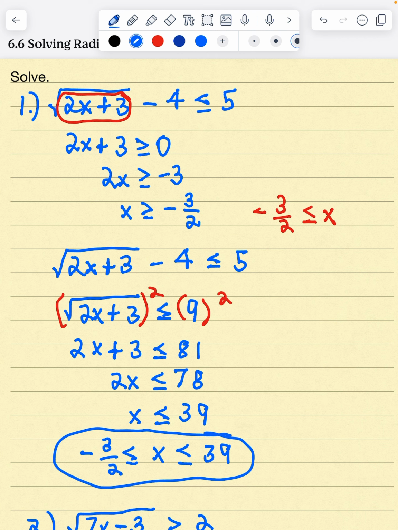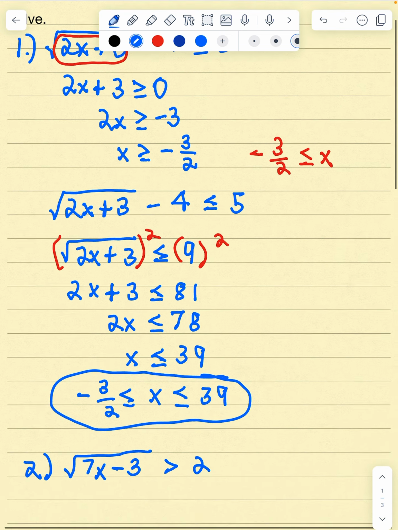To be a solution, x has to be less than or equal to 39. But to be valid, so that we're not taking the square root of a negative, x has to be greater than or equal to negative 3 halves. Both things have to be true, and we can write that in a compound form like you see.